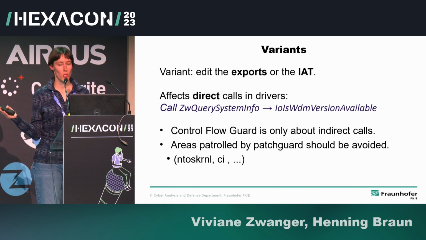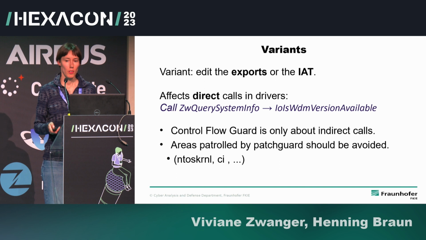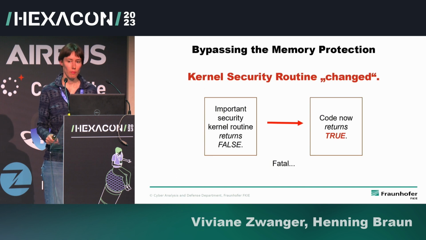It needs to return best a non-zero value because ZwQuerySystemInformation, for example, returns an NTSTATUS, and NTSTATUS 0 means success, and you probably want to report to the antivirus driver that it didn't work out with the process list info, and it should do some early exit. Yeah, so that's it.